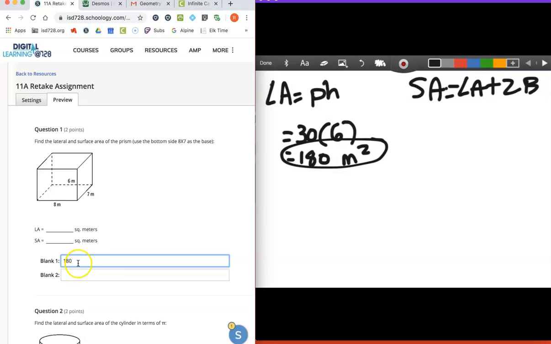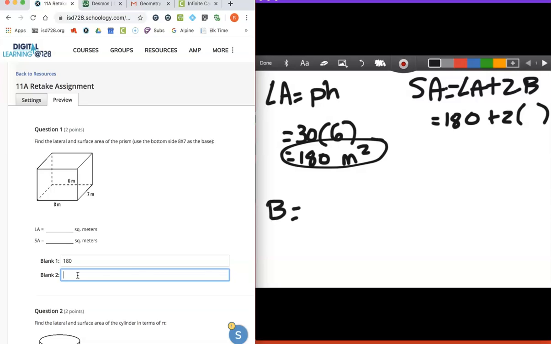And then we're going to take that number and we're going to add it with 2B. So let's figure out what capital B is. Since it's a rectangle, we just have base times height. It doesn't matter which one's 8 and which one's 7. So that gives you a total of 56.